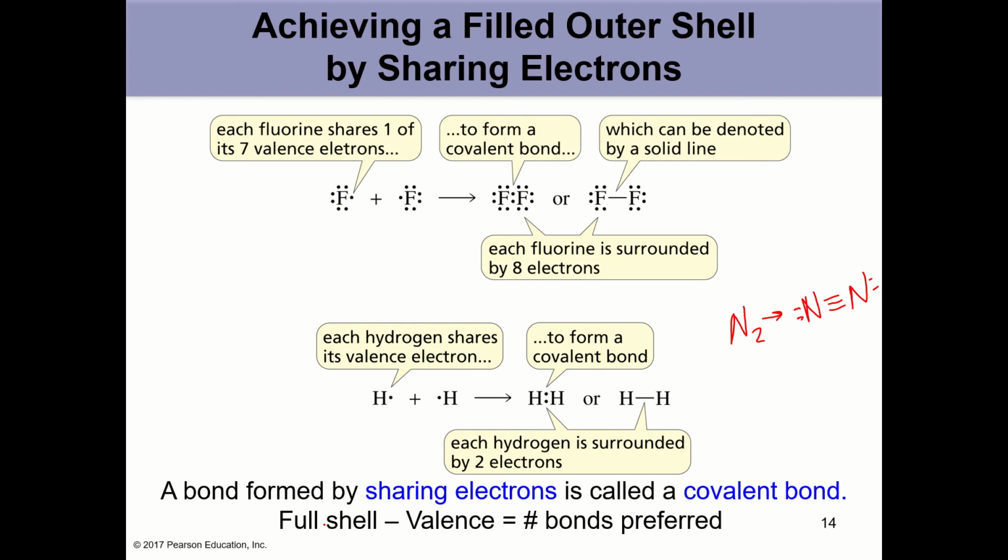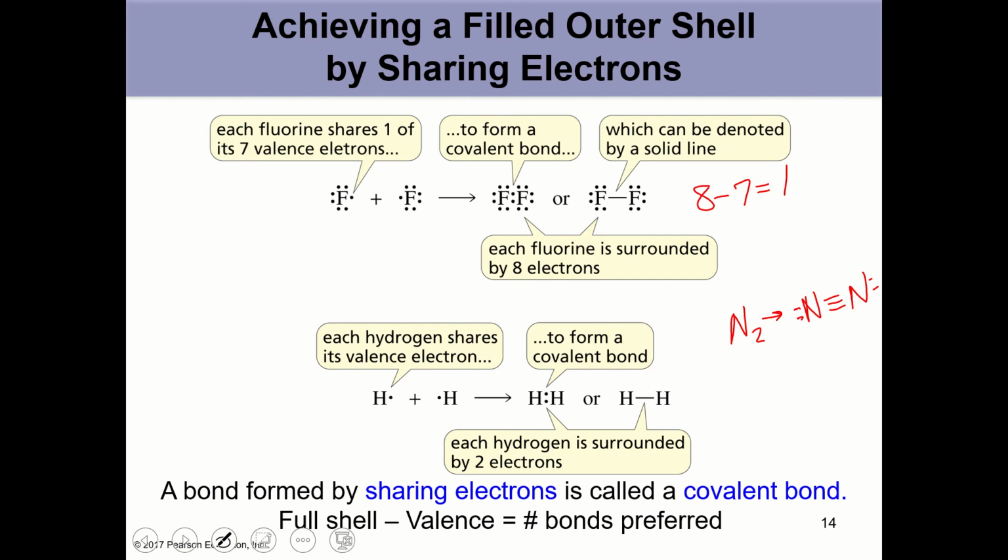So you can figure out how many bonds an atom prefers to make by taking its full shell minus valence, which equals the number of bonds preferred. So if we're in row 2, and a full shell is 8 electrons, or an octet, you can take 8 minus valence, which is 7, and we get that fluorine forms 1 bond.